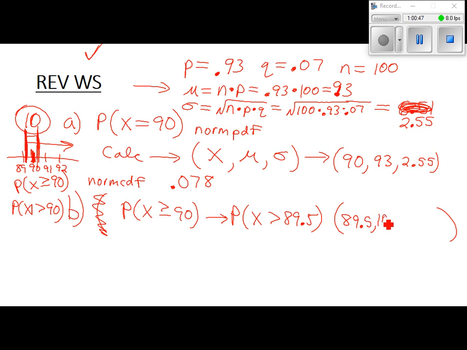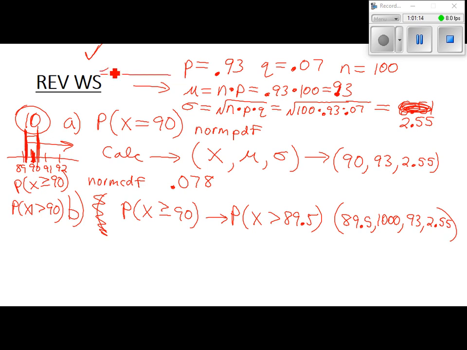We want something bigger than everything, right? What's our mean? 93. What's our standard deviation? 2.55. What's that give you? Oh, that's what I did wrong.